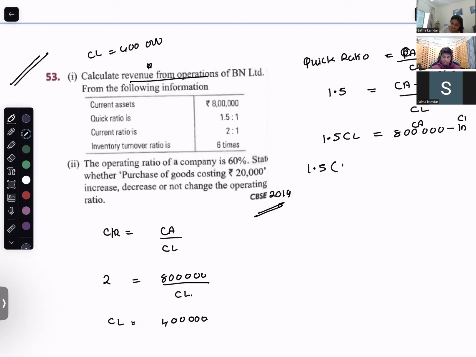How much is current liability? 400,000. Is equal to current assets 800,000 minus the closing inventory. 1.5 into 4 lakh, 600,000. Are you sure?